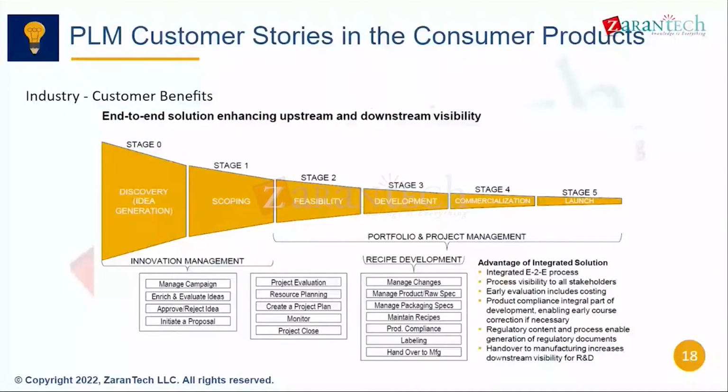So this slide represents whenever you want to propose to your customer a whole end-to-end solution, like so many CPG companies, so many pharmaceutical companies, they are involved in R&D, but they want control over the product development. So how will they do it?